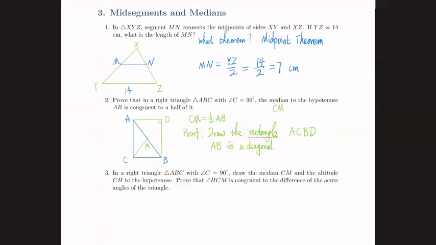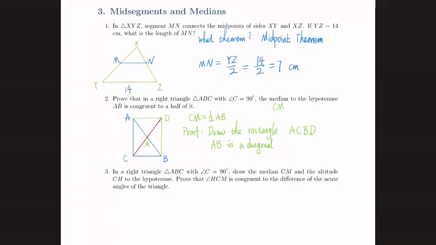Okay, so one property about rectangles. Let me rewrite my rectangle. What do we know about the diagonals of the rectangle? They're equal. One, the equal length, and they meet at the midpoint, right? So AB and CD.